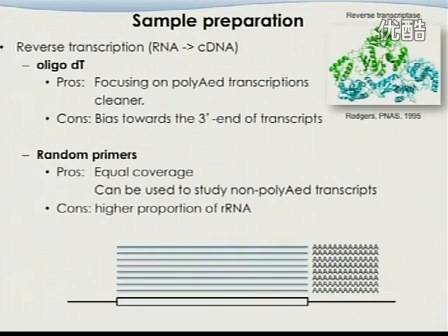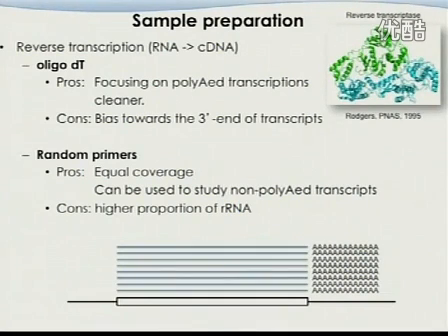Because we know that for the messenger RNA, for certain kinds of long RNAs, they are polyadenylated, but for some other RNA species, they are not. For example, the precursor microRNAs are not polyadenylated. If you did it using oligo-dT, those information will be lost. Okay, and who knows?